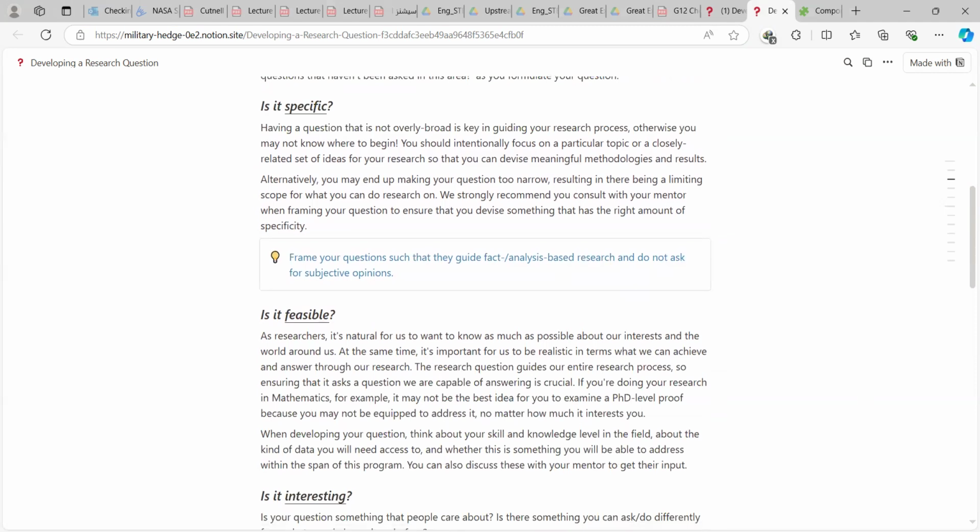So another thing is that it should be specific. Having a specific question, not overly broad, is key in guiding your research process. Otherwise, you may not know where to begin. You should initially focus on a particular topic or a closely related set of ideas for your research, so you can devise meaningful methodologies and results.